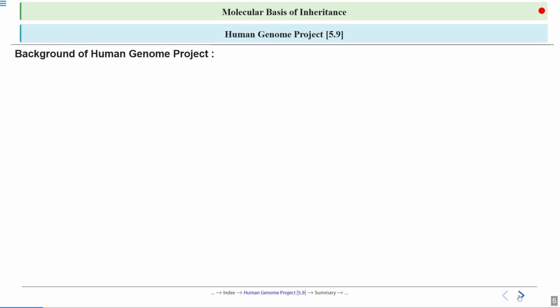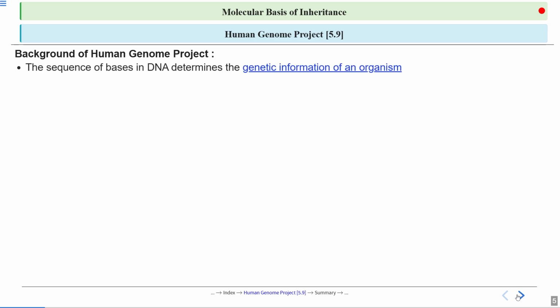First, we will understand the background of the Human Genome Project. From what we have studied in this chapter, we got to know that the sequence of bases in DNA determines the genetic information of an organism. Whatever sequence of bases is present in DNA determines the genetic information of that person or organism.